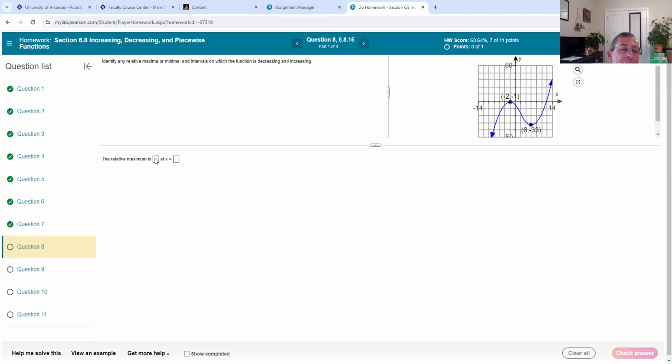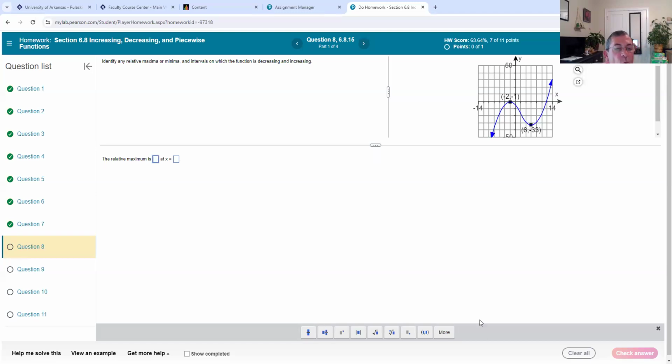But notice how this one is backwards from a while ago. This one, they want to know what the relative maximum is, and then at what x value. So y'all, for us, it's -1. That's the maximum value. And that happened at our x value of -2, okay?